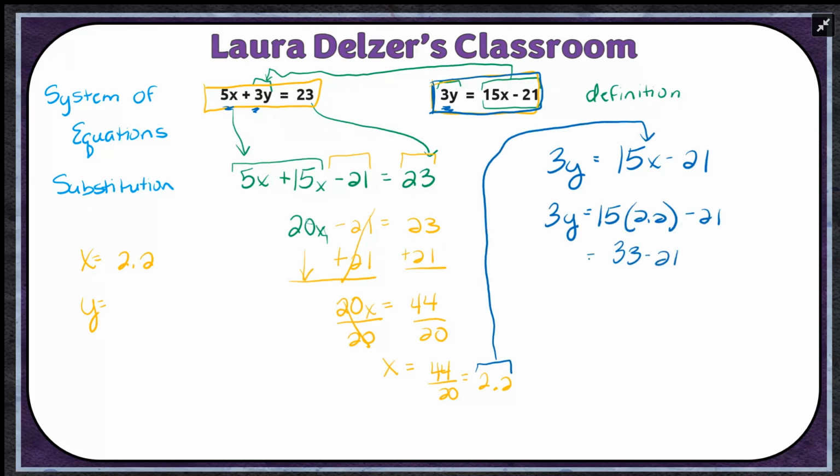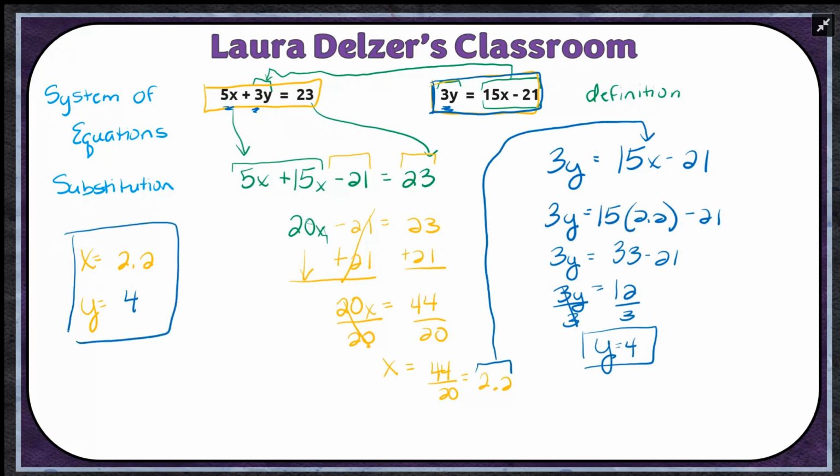Minus 21 equals 3y. 33 minus 21, when we subtract that out, we get 12 equals 3y. Now we're going to divide by 3, divide by 3. And so we get y equals 4. So that's the other part of our answer. Our teacher is going to look for both of these. Both of these are part of the answer.